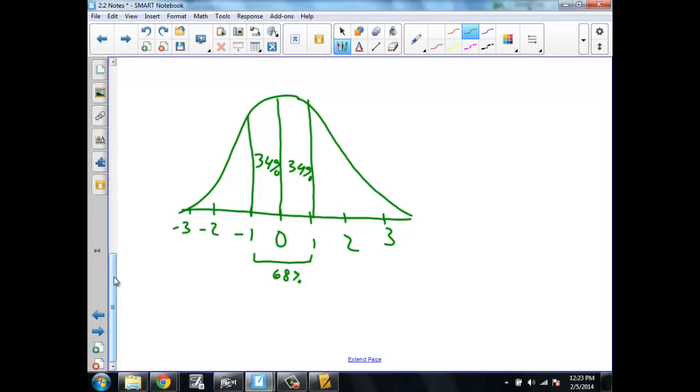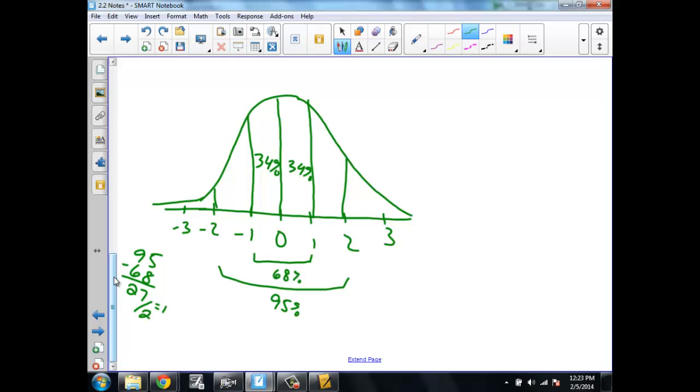What I'm trying to get at here is I'm trying to show you how much is in each of these portions. So between my two standard deviations, that's 95%. So I want to figure out how much is in this one and how much is in this one here. So what do we do? 95 minus 68, that gives us, what do we say, 27?